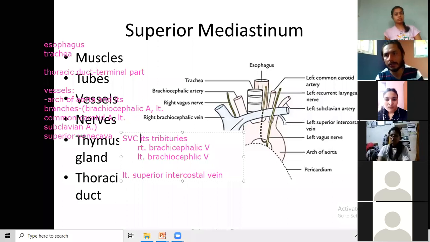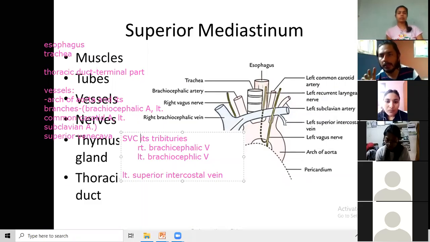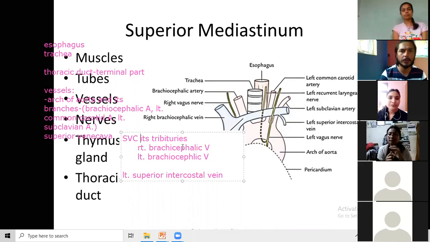This also you will see in this region. Just remember the names now. What are the vessels you will see here? Arch of aorta and its branches, superior vena cava and its tributaries, and left superior intercostal vein. Just remember this, and remember the tributaries and branches also.